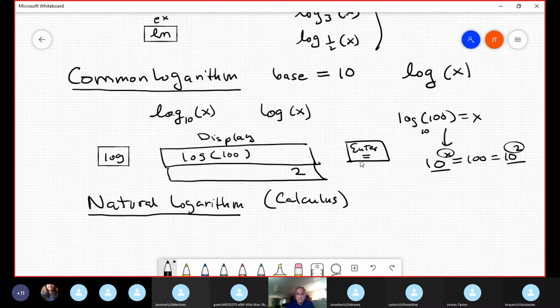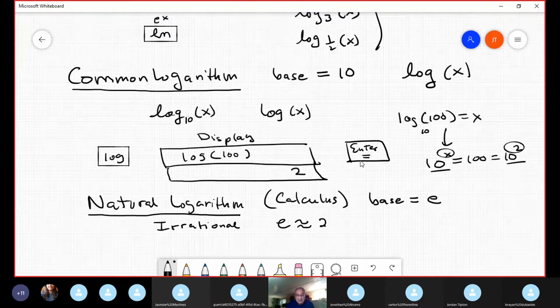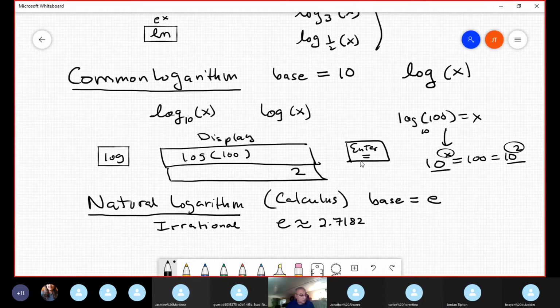But the thing you need to know is that the base is e. e is a symbolic way to indicate one irrational real number. Irrational is a number that we cannot express as a fraction, never. If you try to express it as a decimal, you have an infinite non-repeating decimal, and this continues forever in a completely different pattern.